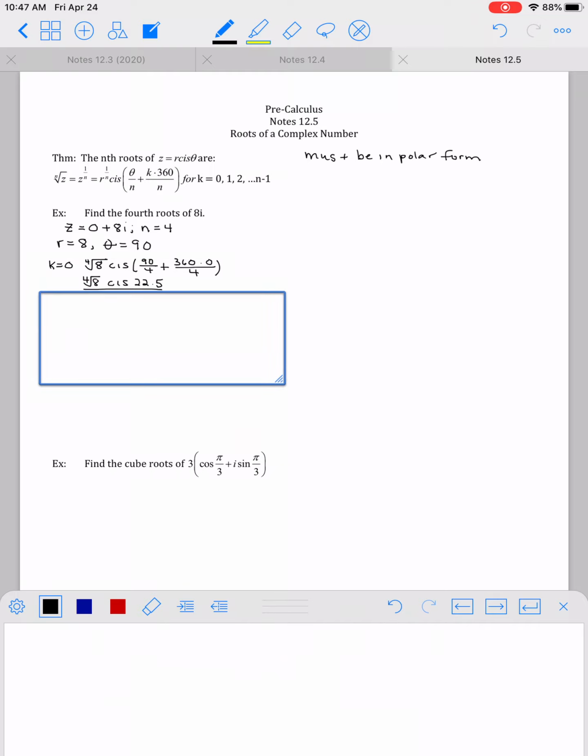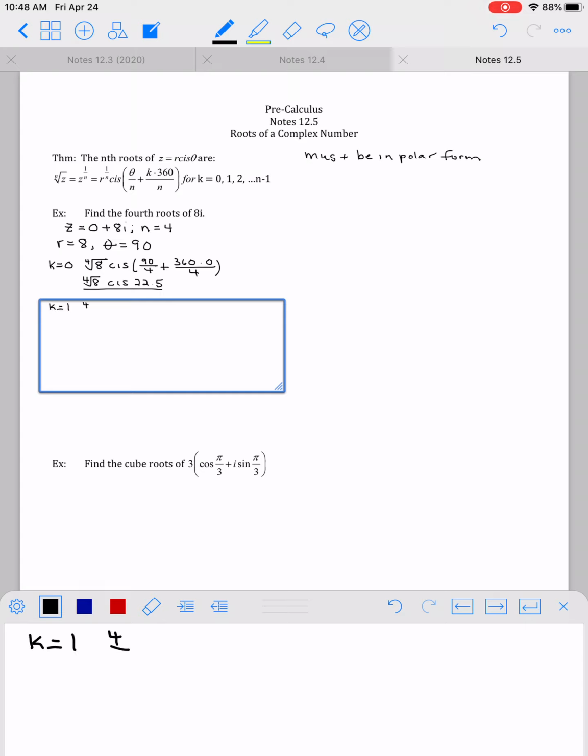Then we repeat the process. K becomes 1. So the fourth root of 8 will stay, and then cis, and then we take our original angle again divided by 4. So we'll just rewrite that 22.5 because that stays, plus 360 times 1 divided by 4, so that's 90.